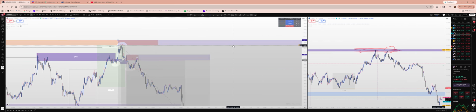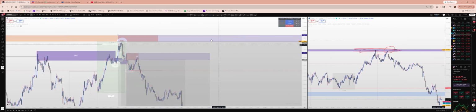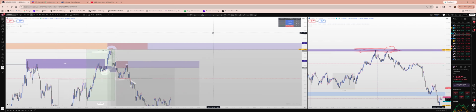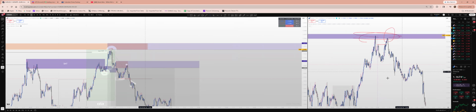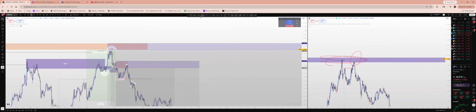If you're good with entries, yeah, like as soon as I changed this color to white, I've been killing the entries, from the wick I'm in. But basically, here, you can see this high. Where is this high?